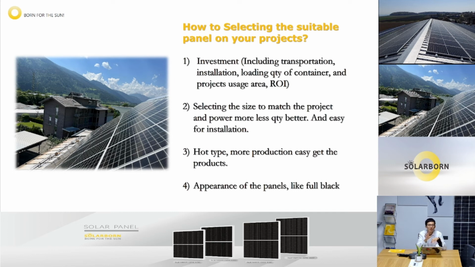This kind of special demand changes the material and color appearance, and the cost may be higher than silver or black. So if you consider the above four points, you will get your option on how to select suitable panels for your project.